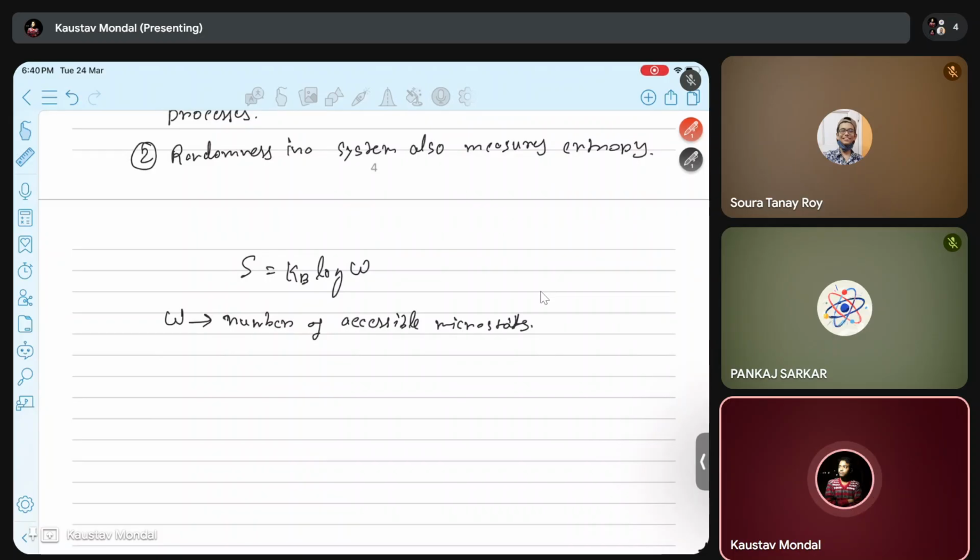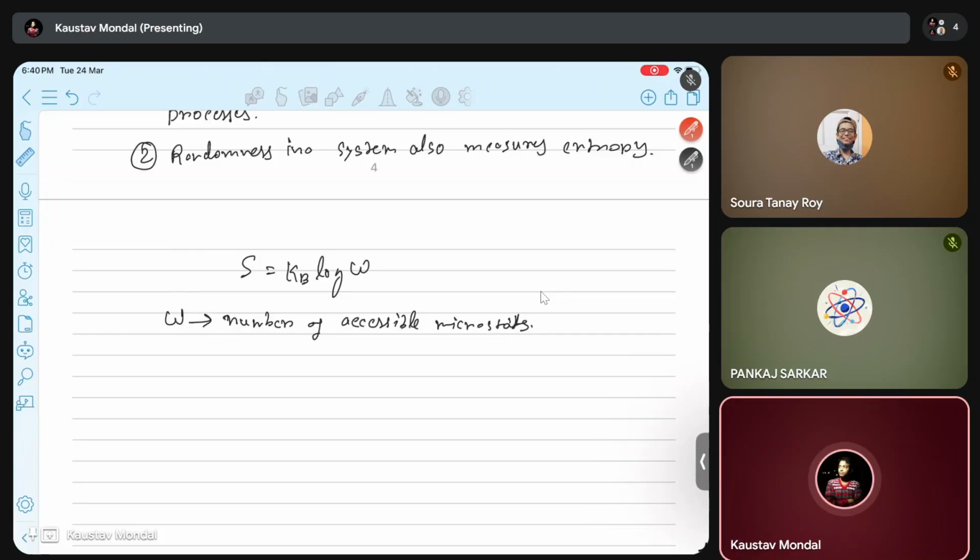For any kind of system, if you can calculate the number of microstates that the system can access, from that number you can calculate the entropy of the system. So the number of microstates gives you a measure of the randomness of the system.